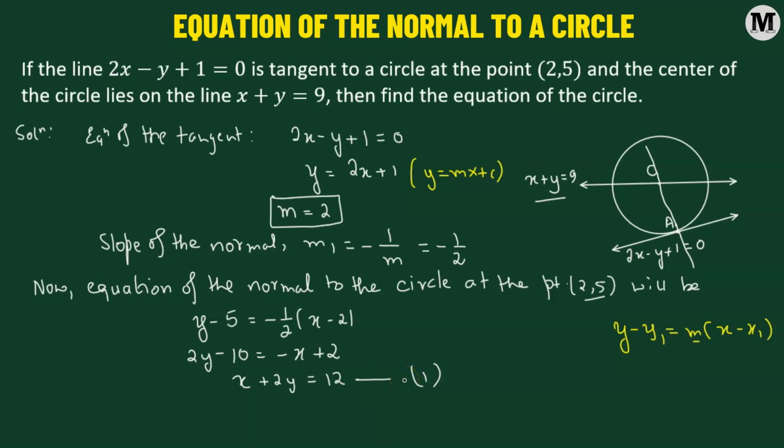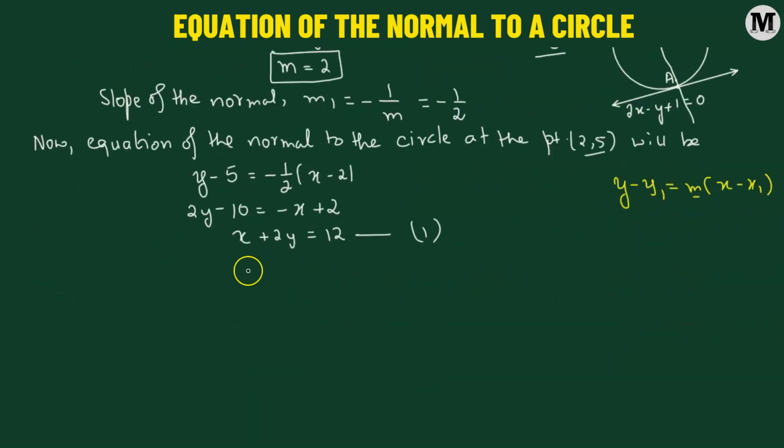Let's keep it aside. Now we will solve this equation together with the equation of the line which passes through the center, x plus y equals 9. This is the equation that passes through the center of the circle. Let's solve it. We take equation 1 and subtract equation 2 from it. That gives us y equals 3.